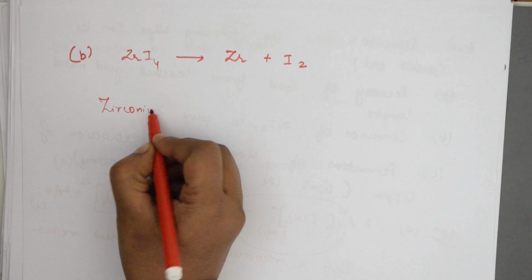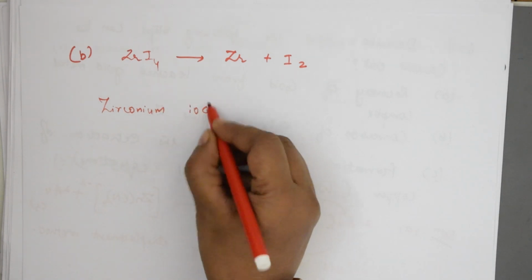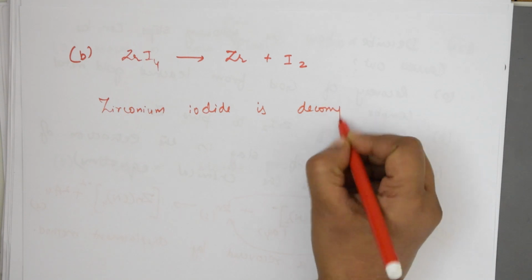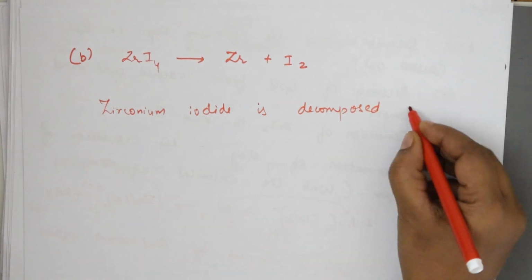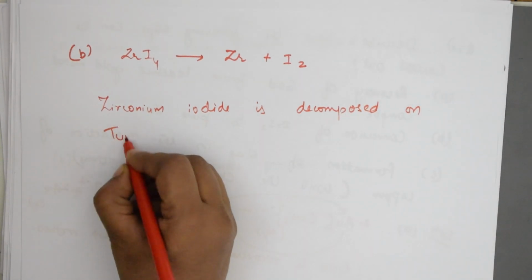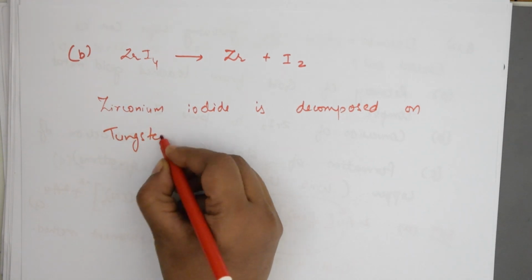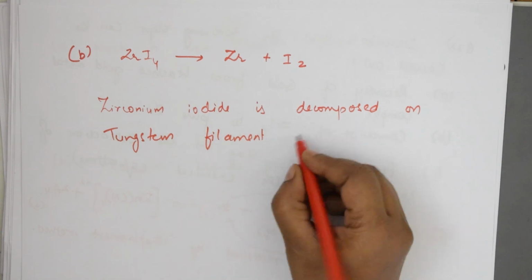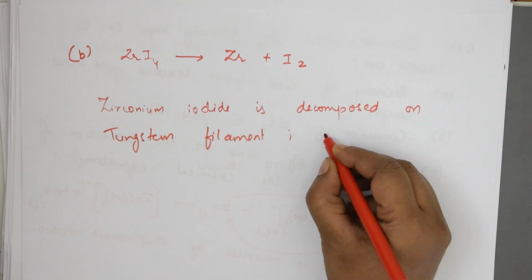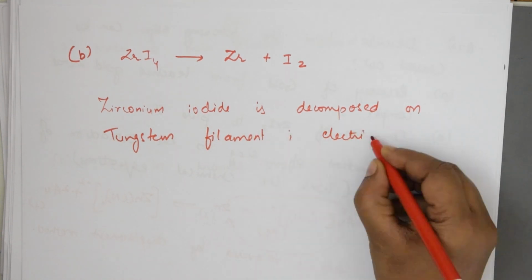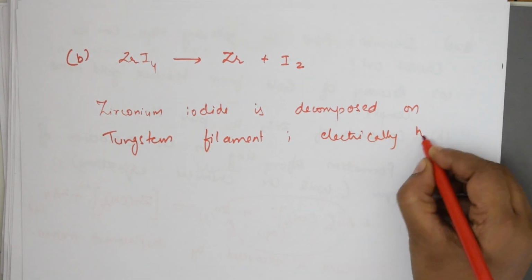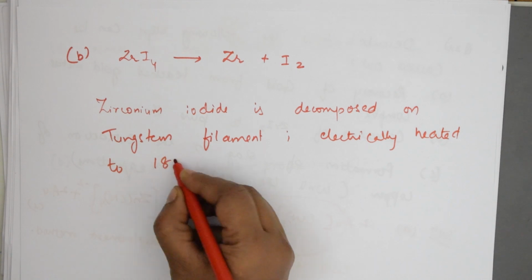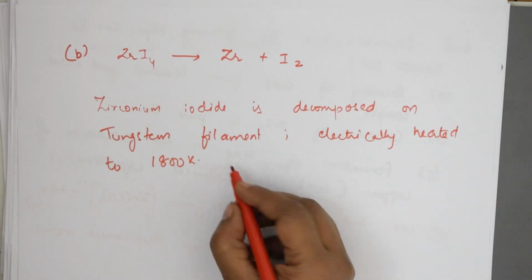So you can write: zirconium iodide is decomposed on a tungsten filament and electrically heated to 1800 K. So what will happen?